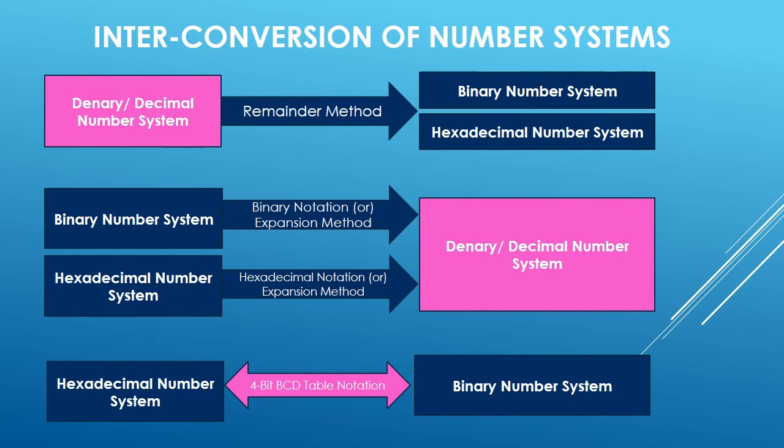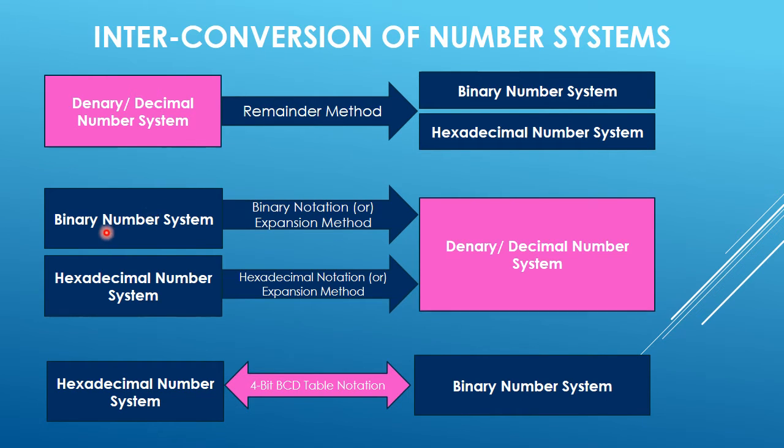This diagrammatic representation is a quick and easy way to recall which method will be used to convert one number system into another. For example, if you are given a decimal number and asked to convert it into an equivalent binary or hexadecimal number, then you will use the remainder method.